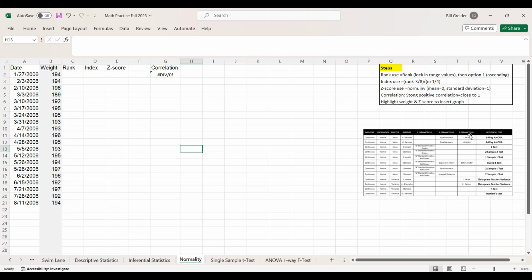And all of these hypothesis tests on the right in bold are for normal distribution, so everything has to be stable. In some cases, like last time, we looked at the average temperature, which is the mean.